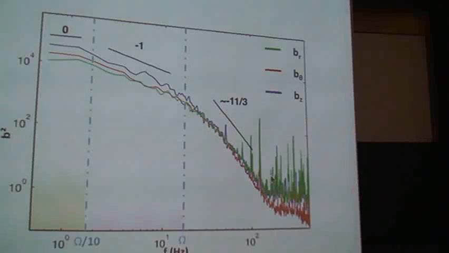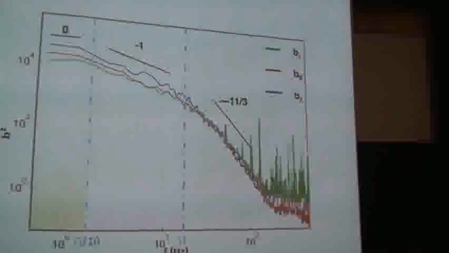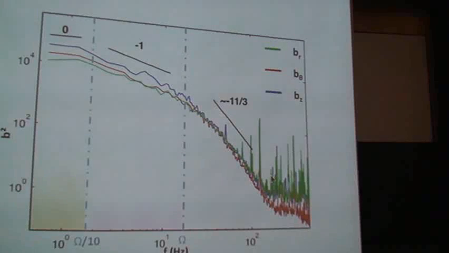It's the same. If you take the same arguments to get the Golitsyn spectrum minus 11/3, but assume that the magnetic field is homogeneous, so tangling of a homogeneous field by Kolmogorov turbulence gives you minus 1 at large scales. And then further down, it becomes 11/3.